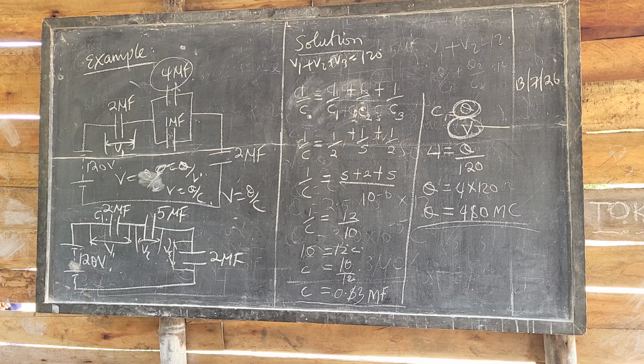So we shall have V1 equals Q over C1, V2 equals Q over C2, V3 equals Q over C3. Are you getting me? Then you substitute this here. When you substitute them here, you'll have Q into 1 over C1 plus 1 over C2 plus 1 over C3 equals 120. You know C1, you know C2, you know C3, with their micros.